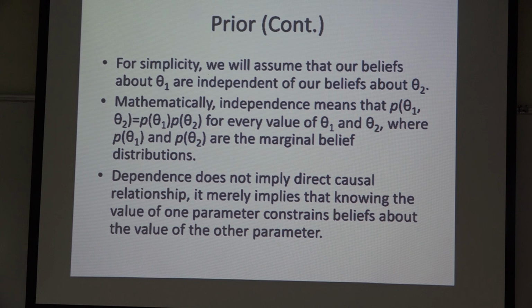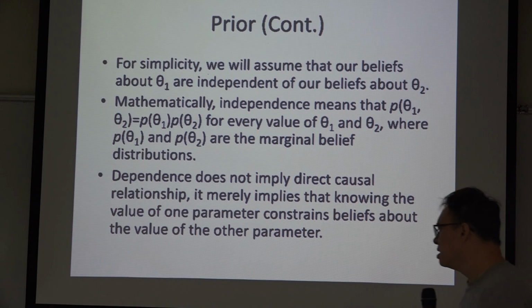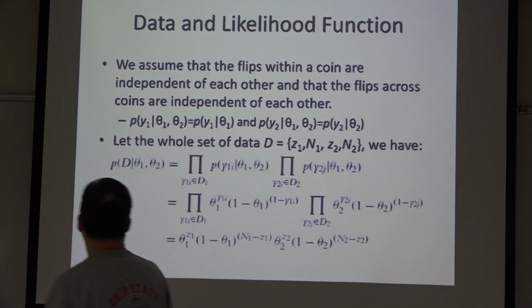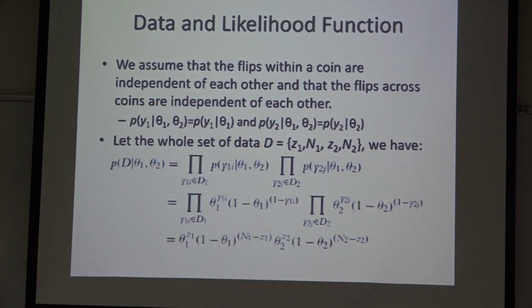Anyway. So dependence and the causal relationship are two different things. And then we assume that the flips within a coin are independent of each other, and that the flips across coins are independent of each other.